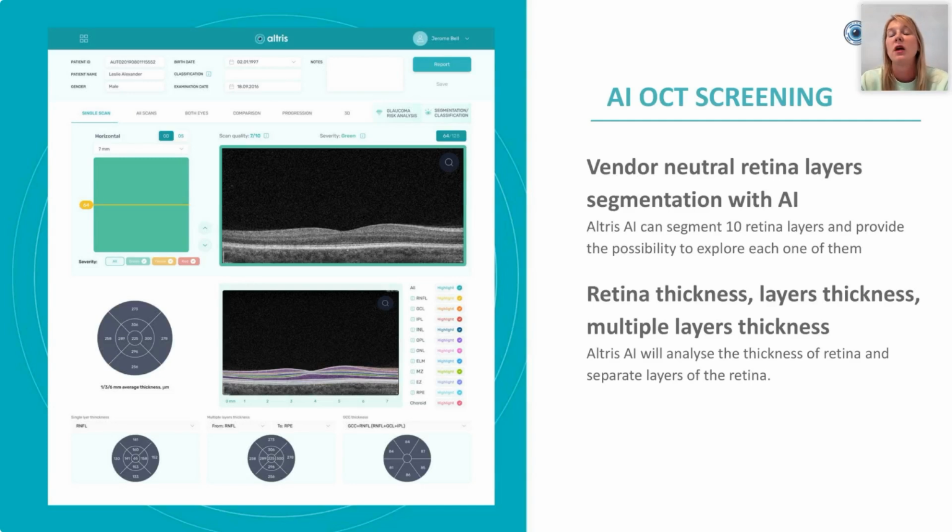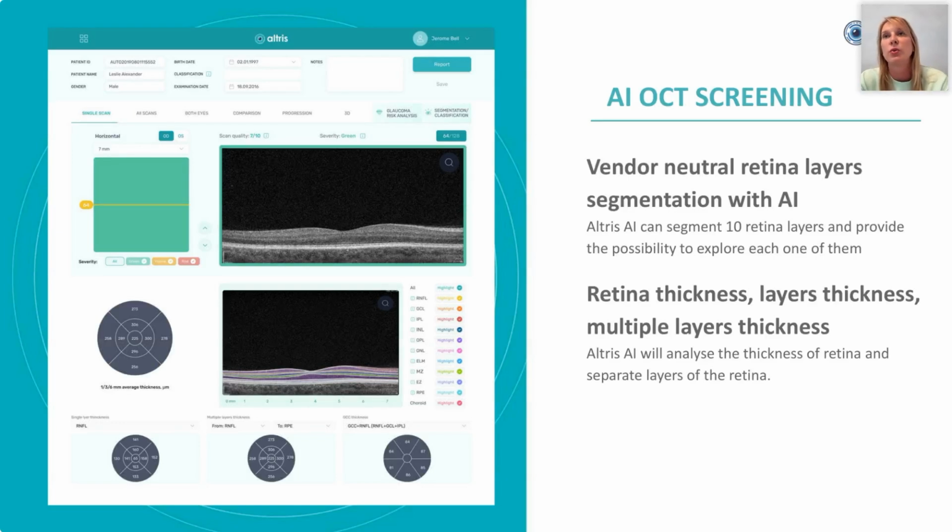Then Altris can make its own calculations, and this is one of the main advantages, because Altris is vendor neutral, which means we can easily compare calculations of whole retinal thickness or several layer thicknesses between devices. We know that the difference in retinal thickness between some devices can be up to 50 microns.